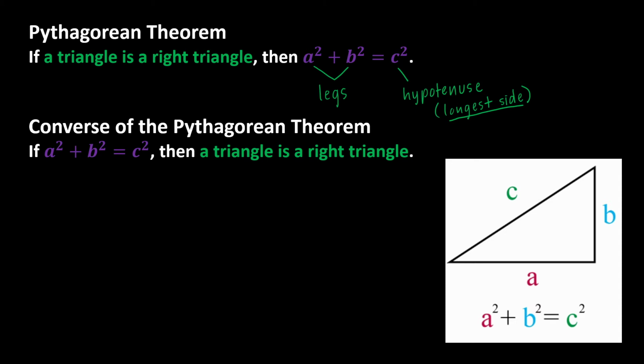So the converse of the Pythagorean theorem is stating the reverse of the Pythagorean theorem. It says if a squared plus b squared is equal to c squared, if the sum of the squares of the legs in a triangle is equal to the square of the longest side, then the triangle is a right triangle.